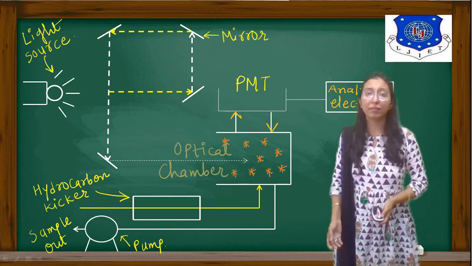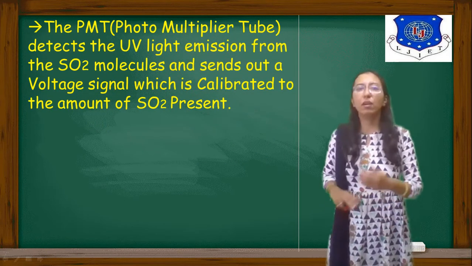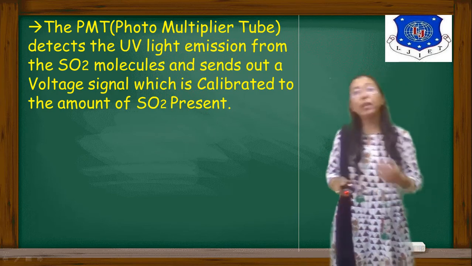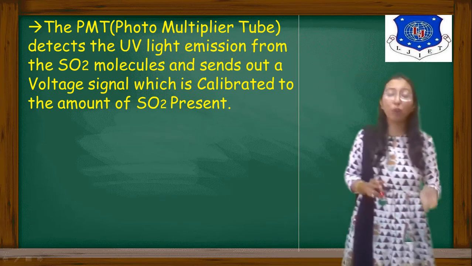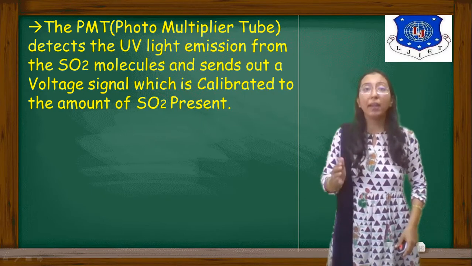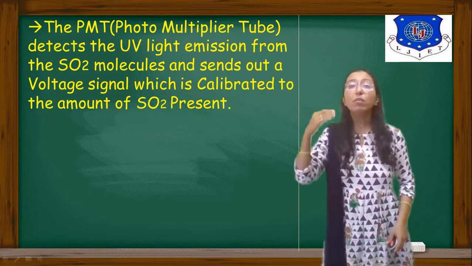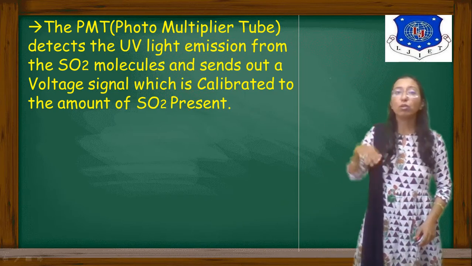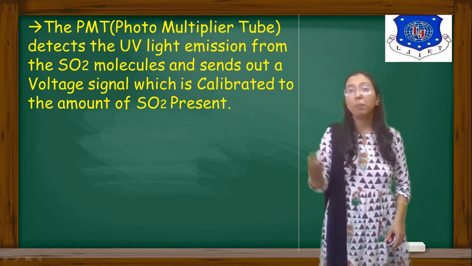Next, the photomultiplier tube detects the UV light emissions from the SO2 molecules and sends out a voltage signal which is calibrated to the amount of SO2 present.